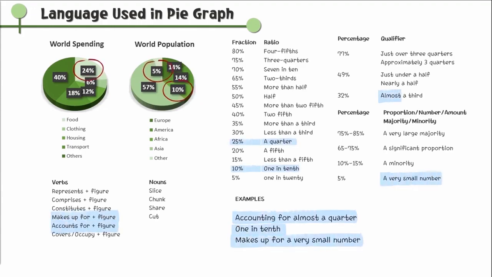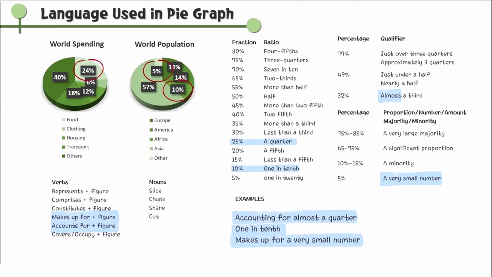Change percentages to fractions, percentages and its qualifiers, and percentages to proportion, number, amount, majority, or minority. Also, we can make use of different nouns and verbs to use in your body paragraphs. You can pause the video to copy the given expressions and try to maximize it in writing your report on pie charts. Let us check some examples using our graphs.